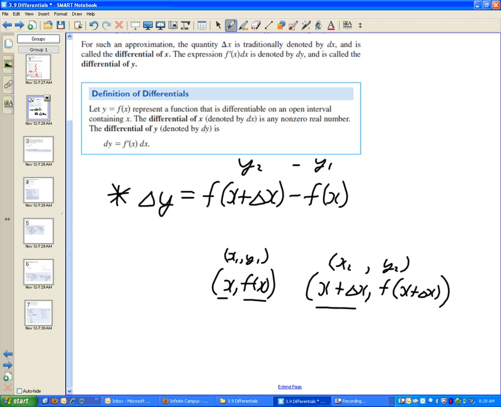So if delta y stands for change in y, wouldn't it make sense that the y coordinate you end up with, the second point, minus the y coordinate you started with would be how much y changed? If y is 4 and it becomes 7, what's the change in y? 3. And how'd you get it? The second one minus the first one. Okay?